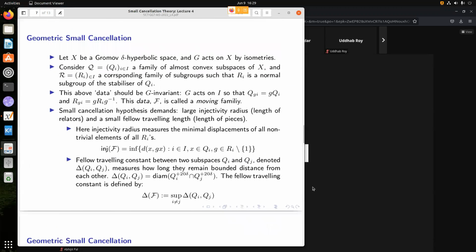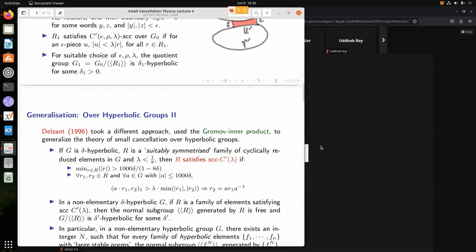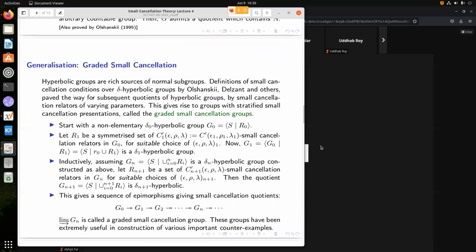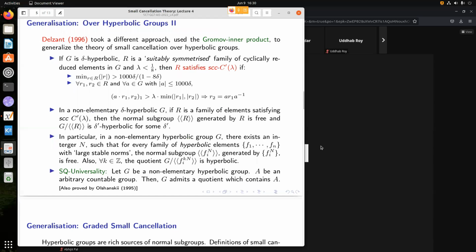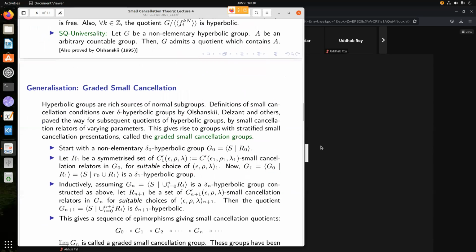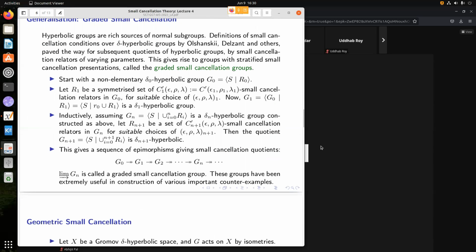So we have introduced a series of generalizations, all motivated by the same classical small cancellation conditions, mostly the metric ones, and at times the combinatorial ones. Here we see generalizations of small cancellation over hyperbolic groups by two methods, one by Olshanskii, another by Delzant. By iterating the theorems we get from either Olshanskii or Delzant, we get a sequence of quotients, and we get something called a graded small cancellation structure.